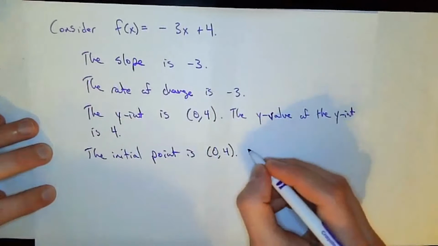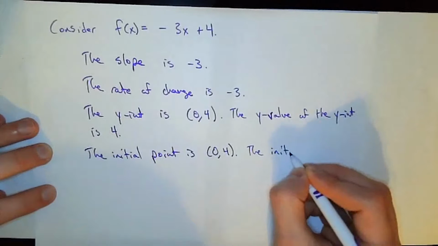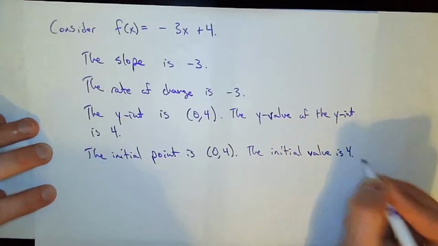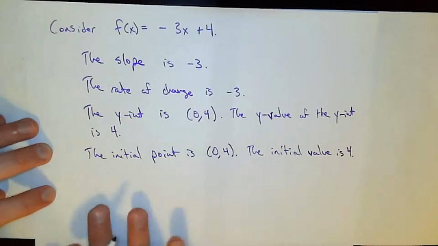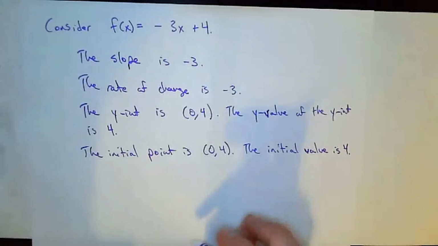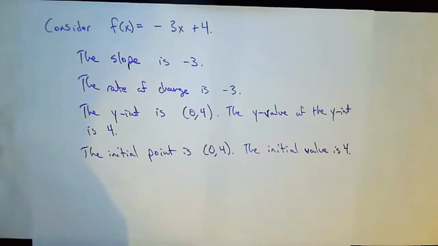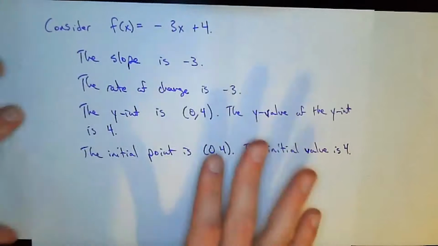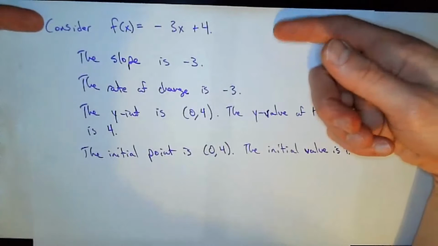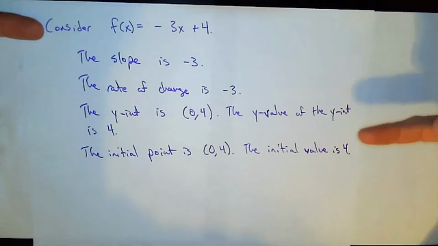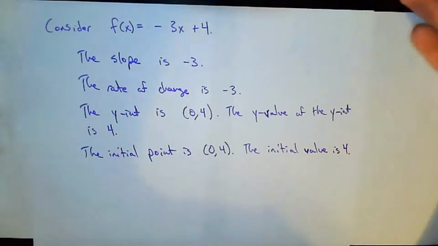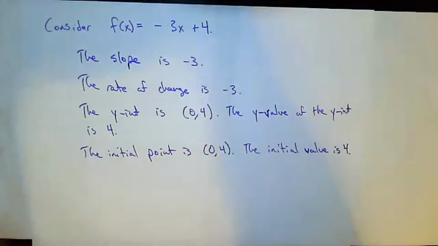Depending on what the problem is, I could say the initial value is 4. That's just getting into some semantics, but the initial coordinate point, if there was a starting coordinate point, would be 0, 4. Literally that's where you would start if you were going to graph this function. If this was representing some model, like the swimming pool example we did, then you would call it an initial value, maybe like an initial amount of water.